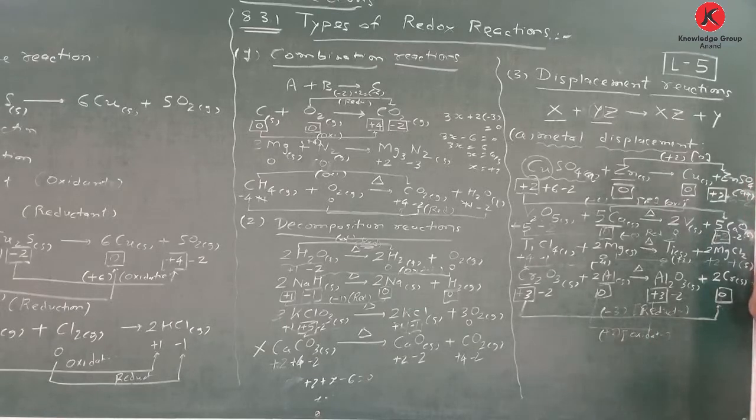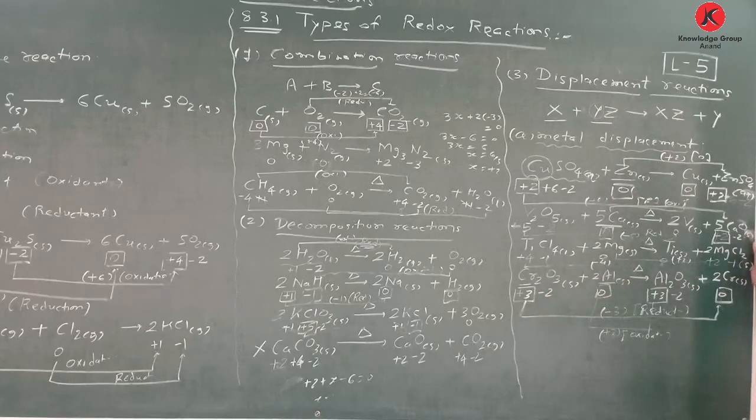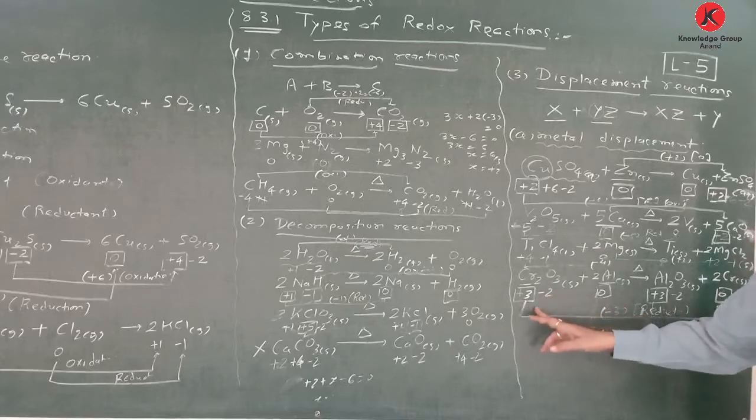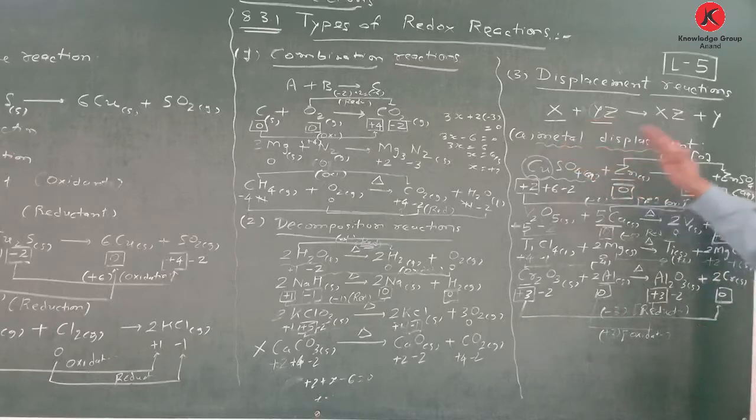We do not balance this particular reaction because balancing of redox reactions is in the next topic. But first of all, understand which one undergoes oxidation reaction, which one undergoes reduction reaction, which is an oxidizing agent and which is a reducing agent. So this is a metal displacement. Now the next topic is continuing with non-metal displacement, and then fourth is disproportionation reaction.